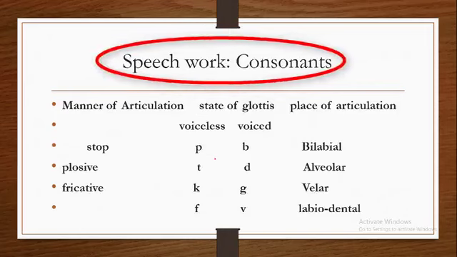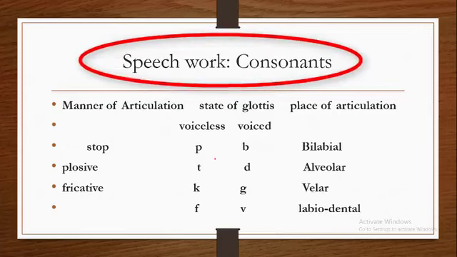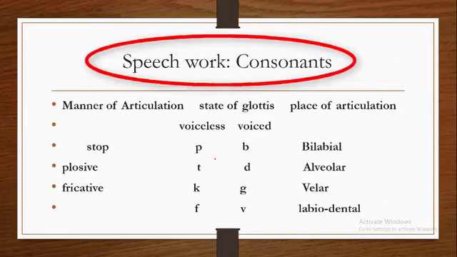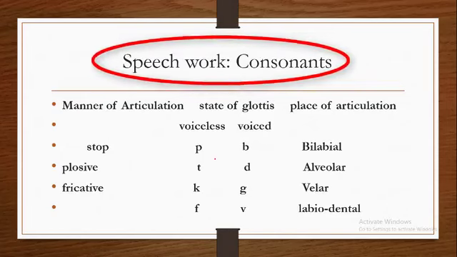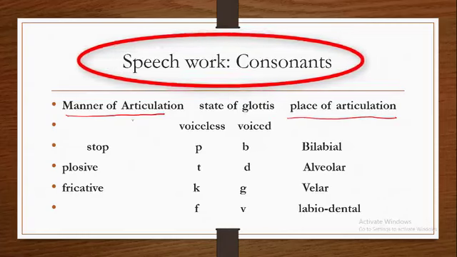So we are moving on to the next thing, which is what? Speech work. And this is where I love it the most. Now, we have what you call the manner of articulation, we have what you call the state of the glottis, and we have what we call the place of articulation. In speech work, we consider the manner of articulation, the place of articulation, and the state of what? The glottis.